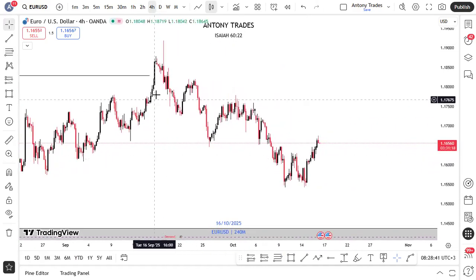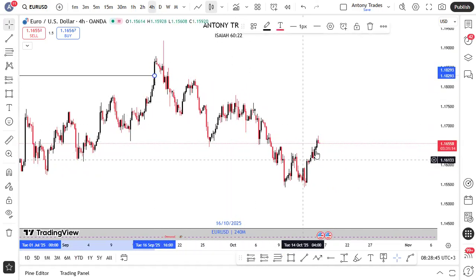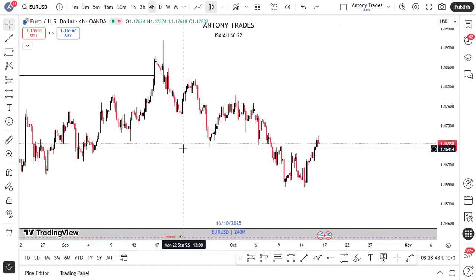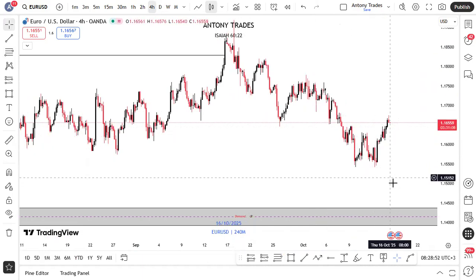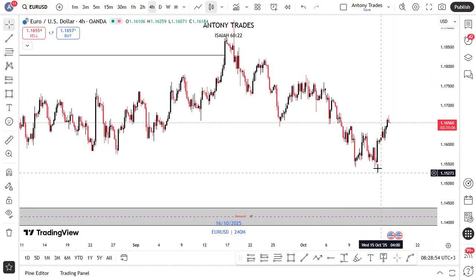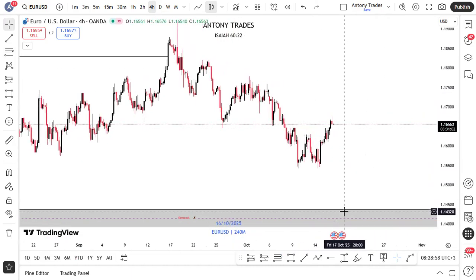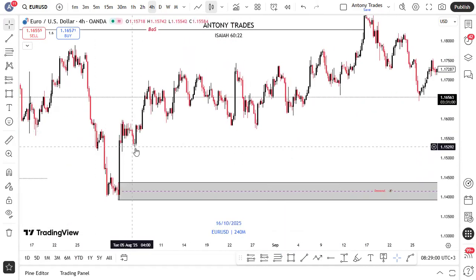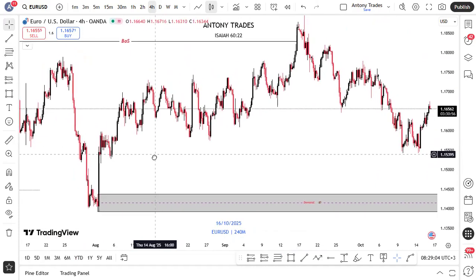So I can decide to capitalize on this pullback. But remember now market has already tapped into the premium, into the discount, sorry. So it's risky for me to look for sales to this point of interest because market can decide to react from anywhere at the discount.